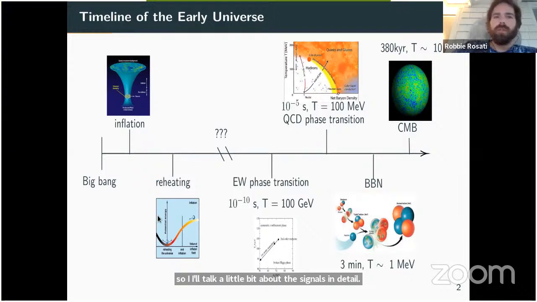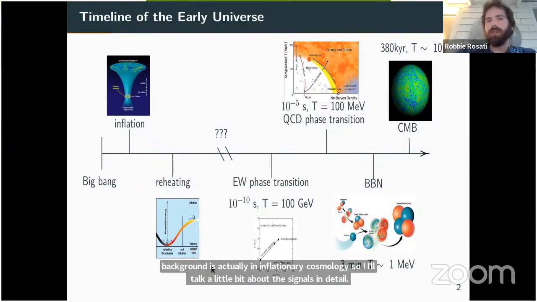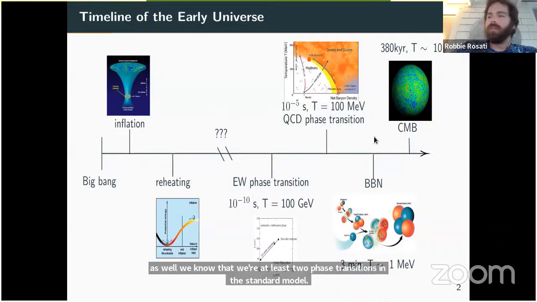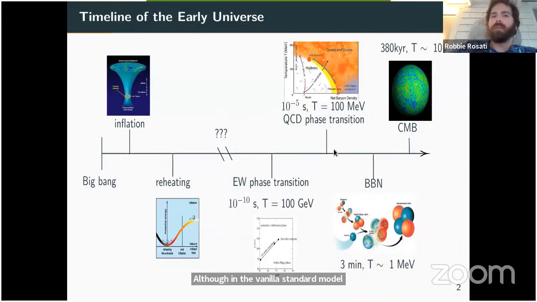The end of inflation, reheating, can also create stochastic backgrounds, depending on how exactly it happens. As well, we know there were at least 2 phase transitions in the standard model, although in the vanilla standard model, neither of them actually create gravitational waves.